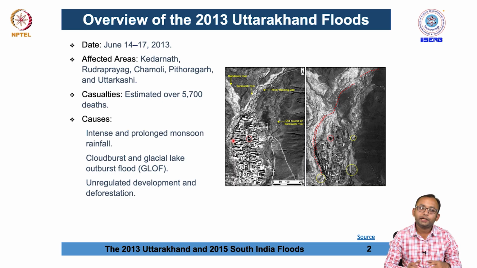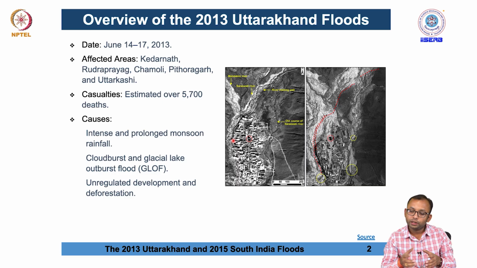As we have already discussed multiple times in the previous lectures, if you are talking about a river, there is a river channel and there are floodplains also associated with the river channel. When an extreme amount of flood water comes, it inundates not only the river channel but also the neighboring floodplain region.